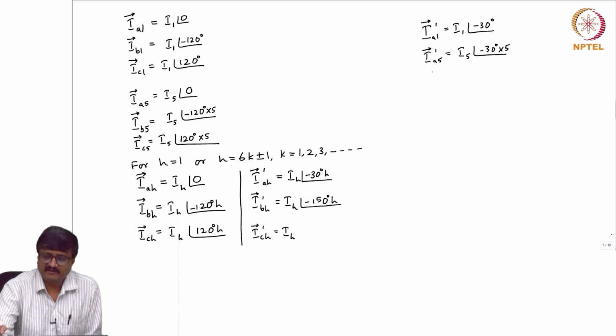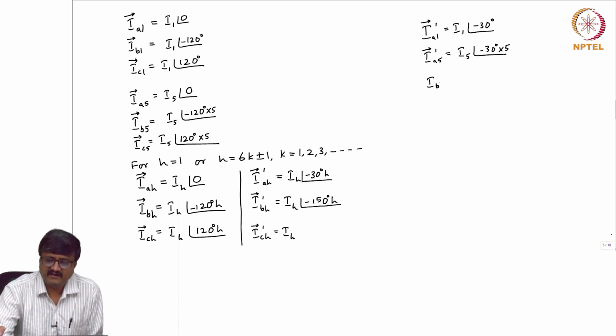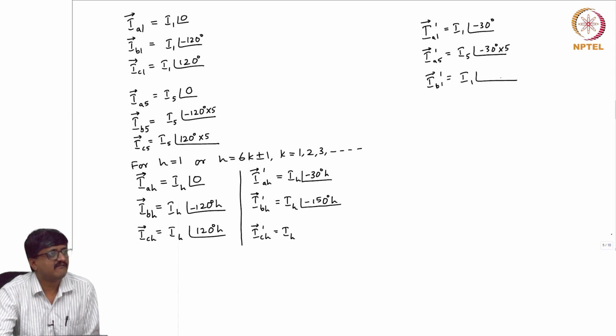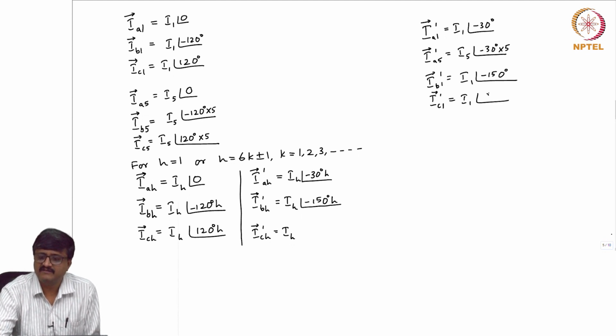The idea is very simple. If I take IB1 prime, it is I1 at an angle minus 150. If I take IC1 prime, it is I1 at an angle 90 degrees.